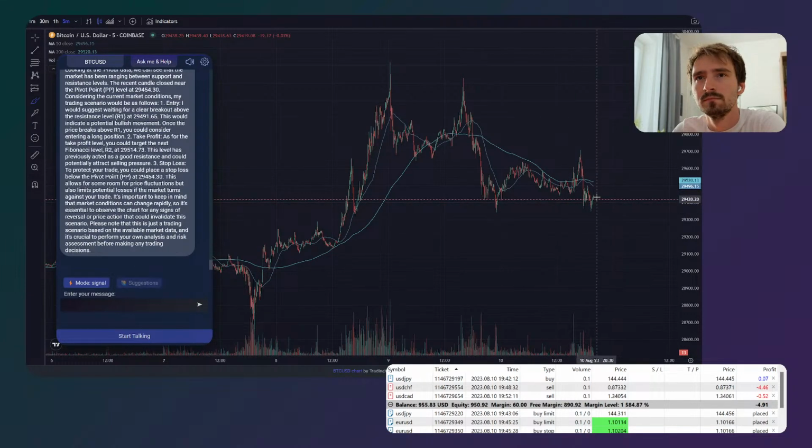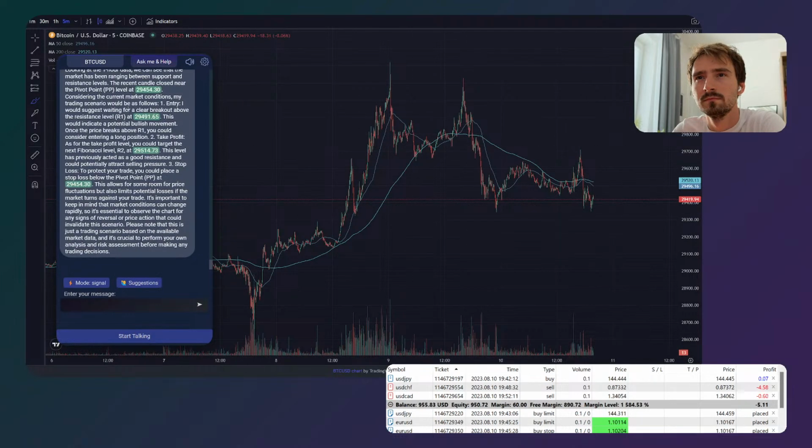Considering the current market conditions, my trading scenario would be as follows. 1. Entry. I would suggest waiting for a clear breakout above the resistance level, R1, at 29,491.65. So around here. This would indicate a potential bullish movement. Break above. Once the price breaks above R1, you could consider entering a long position. 2. Take profit. As for the take profit level, you could target the next Fibonacci level, R2, at 29,514.73.